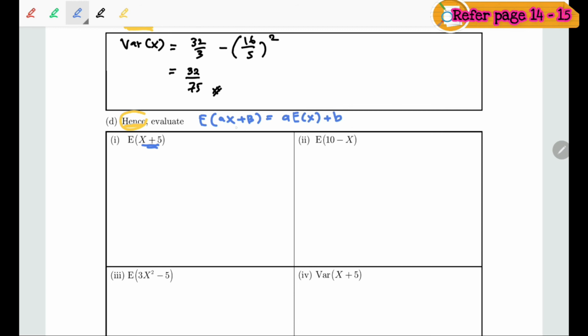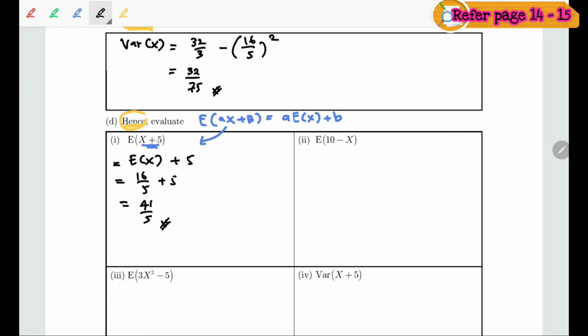So we are going to rewrite this one as expected of x plus 5 by applying this property. From part B, we have expected of x is 16 over 5, and then you just plus 5. And then calculate, so we've got 41 over 5.